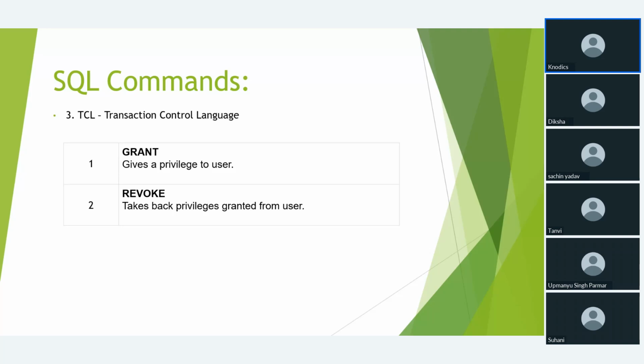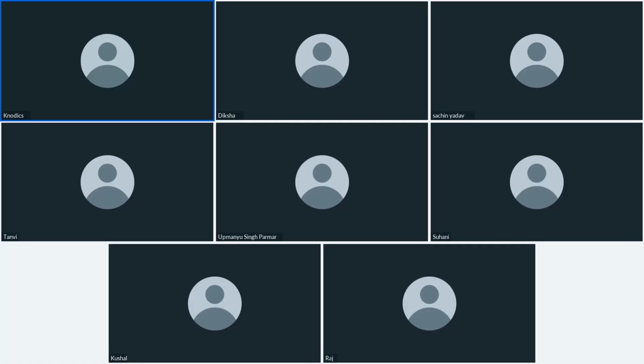Commit applies the transactions that have already been done permanently on the database, and rollback sends the transaction back. So this is how all these things are processed.